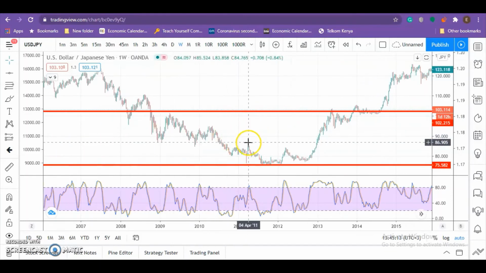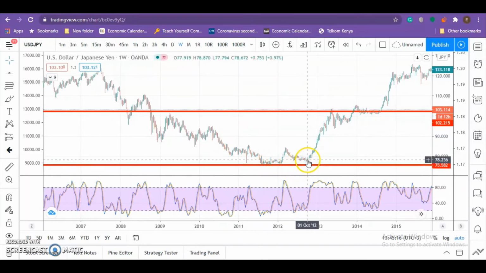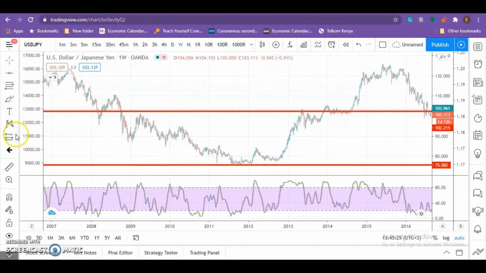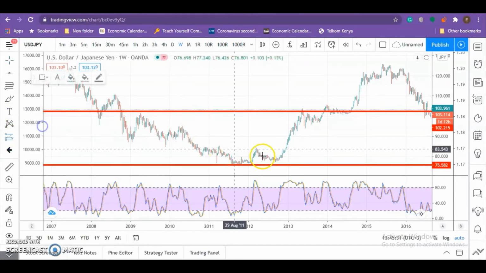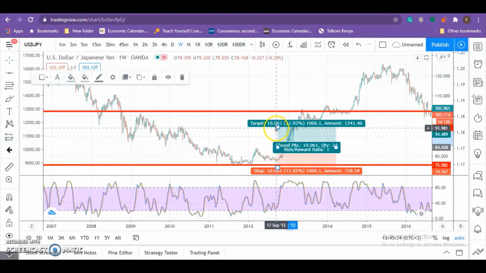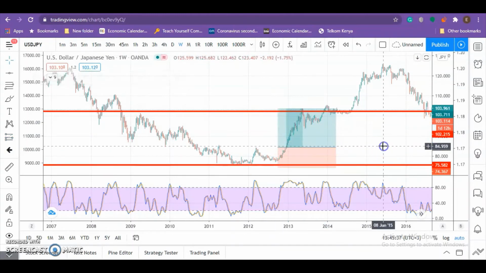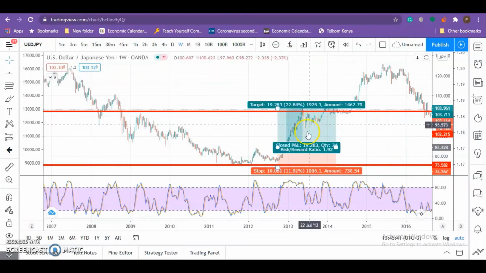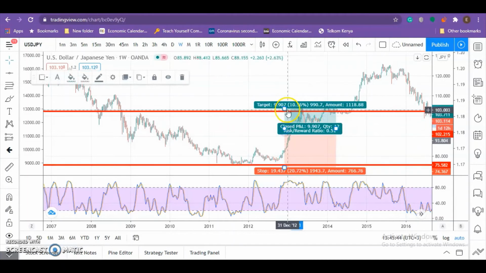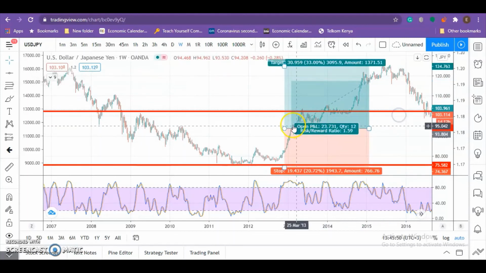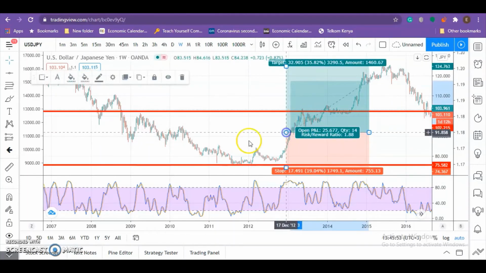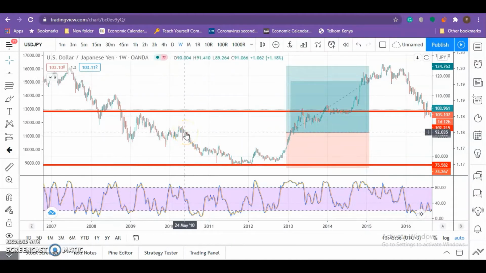We know that from this point here, a lower high, it has been on the increase. So what you're going to do is take our Fibonacci. Now let me take our long position so that we can also know how it works.